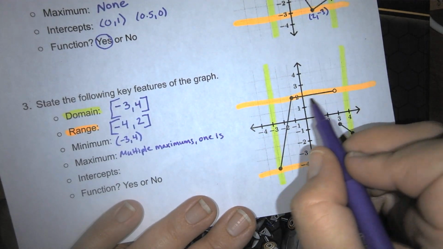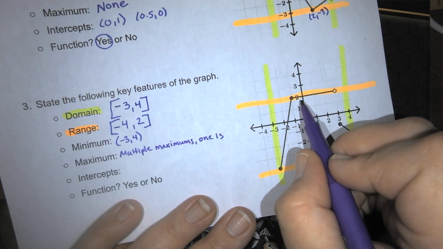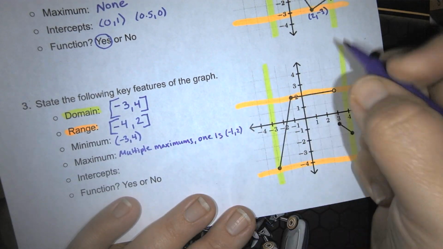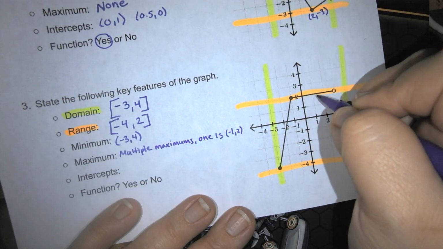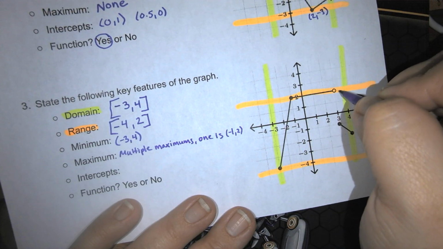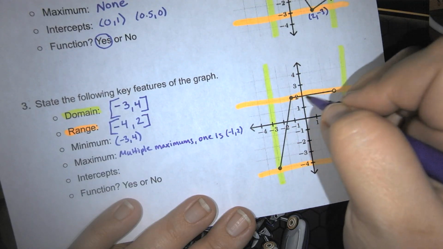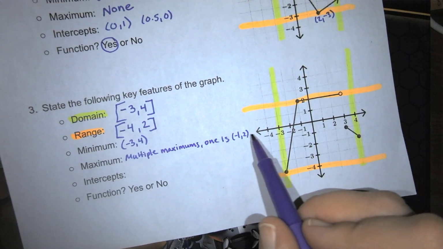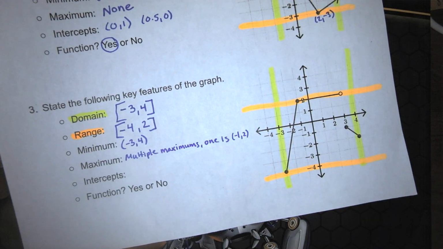We could pick any of the points on this line because that's as high as it goes. We could use this one, -1, 2. You could use this, 0, 2, 1, 2, 2, 2. We can't use 3, 2 because that's not really a point. You could pick some of the decimals in between if you wanted. But anything where it's ending in a 2 that is one of the points on this graph would work for our maximum.